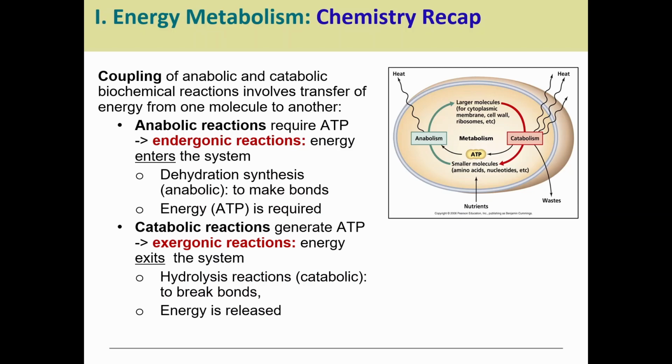Catabolic reactions we can use to build ATP. These are exergonic, they release the energy, and that energy can be harvested and used to reform that phosphate bond with that last phosphate group. So remember that catabolic means we're breaking down, and so hydrolysis reactions would be used to break those bonds. Energy is released and harvested to produce the ATP.